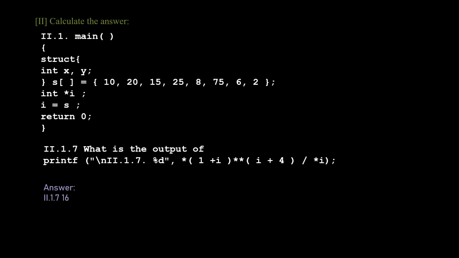Answer is 16. So this is how it is. *(1+I) is nothing but I[1], which is 20, times *(I+4). 0, 1, 2, 3, 4, which is 8. So it is 20 times 8 divided by 10. So it is 16.